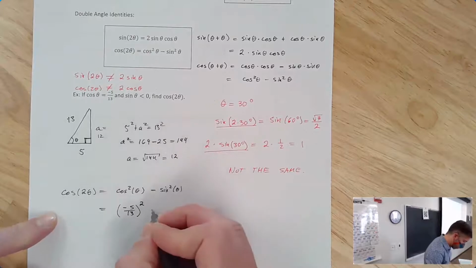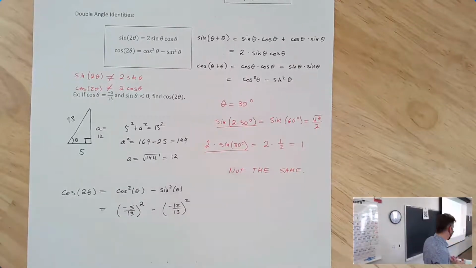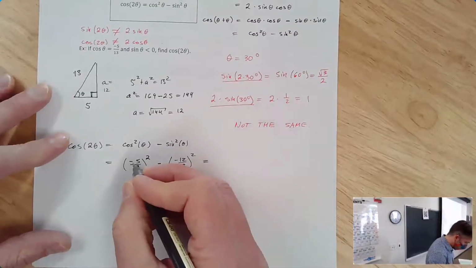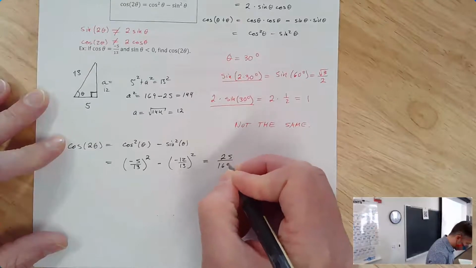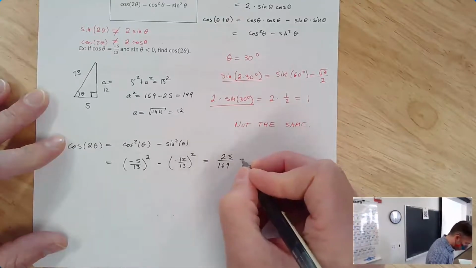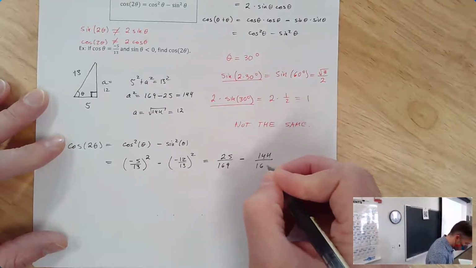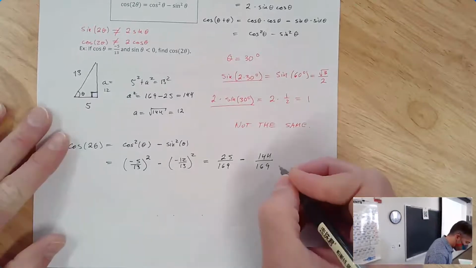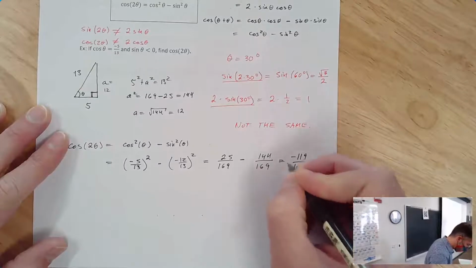So it's actually going to be negative 12/13 squared. Now, it doesn't really matter that it's negative or positive in this problem because we're squaring it either way. So we're going to get, let's see, 5 squared is 25 over 13 squared is 169 minus negative 12 squared is 144 over 169. And then 25 minus 144 is negative 119 over 169.